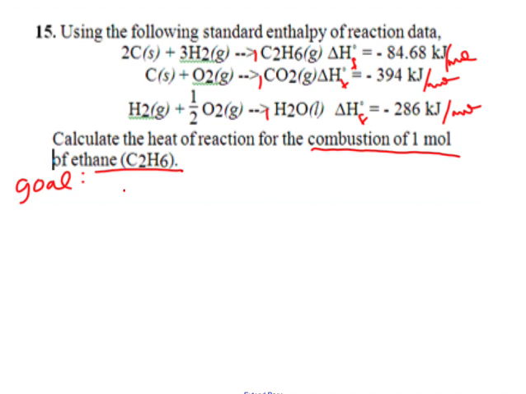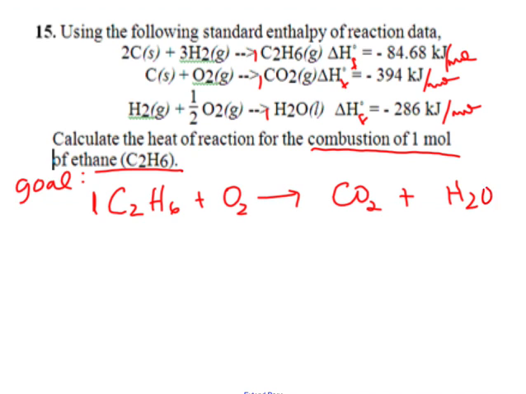We're going to combust 1 mole of ethane. Since it's telling us 1 mole, you better put a 1 right there, and you're going to leave it as a 1. So we're going to get CO2 plus H2O. I need 6 H's. I need 2 C's. Ooh, but I need 7 O's. What do I do?